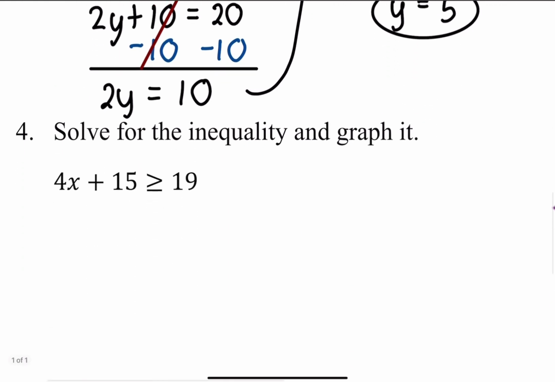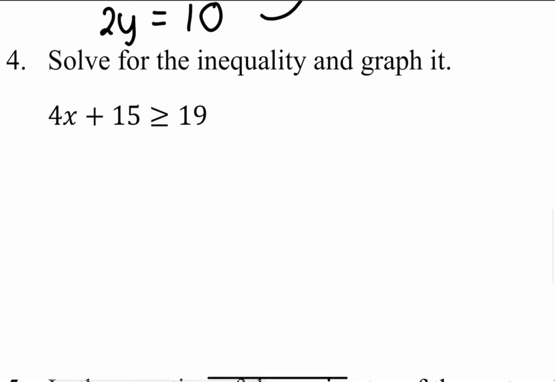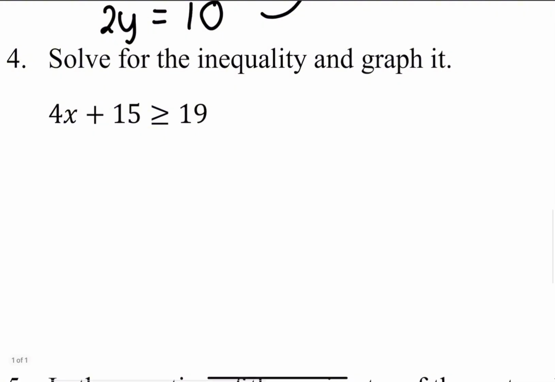Okay, next. Solve the inequality and graph it. So we have 4x plus 15 is greater than or equal to 19. We can subtract 15 from both sides of the inequality. So 15 minus 15 is equal to 0.